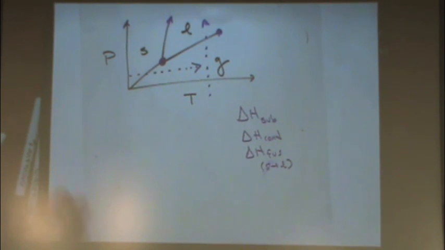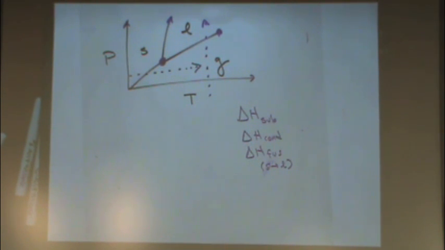If it goes solid to liquid, is it exo or endothermic? Endo. Why? You're putting in energy to melt it. So is it a positive or negative number? Positive. You want to be able, for any phase change, to know the sign of delta H.